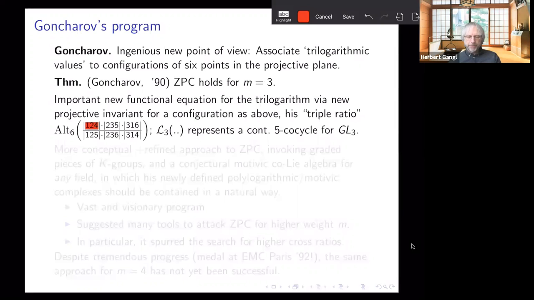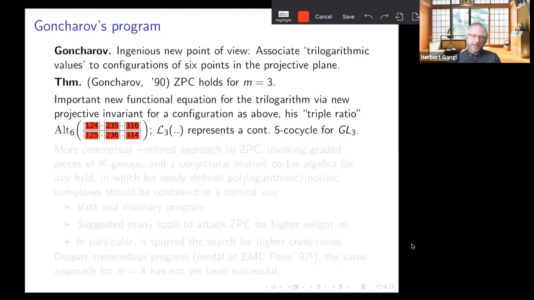Then we multiply 3 such 3 by 3 determinants together in both numerator and denominator. We'll find that this is a homogeneous expression, so as many ones in the numerator as in the denominator, and same for the others. And we alternate this expression. And this is his triple ratio that you attach to 6 points in the projective plane.